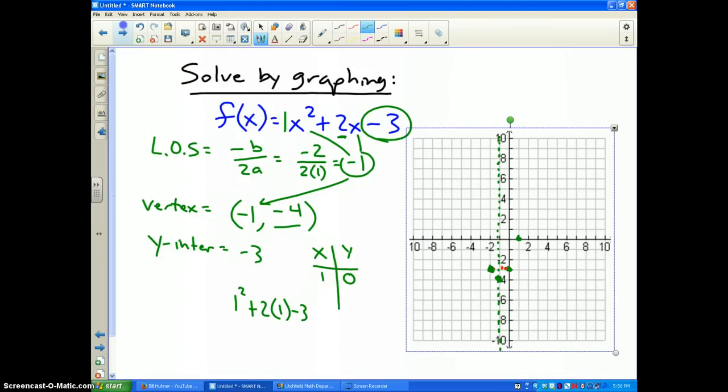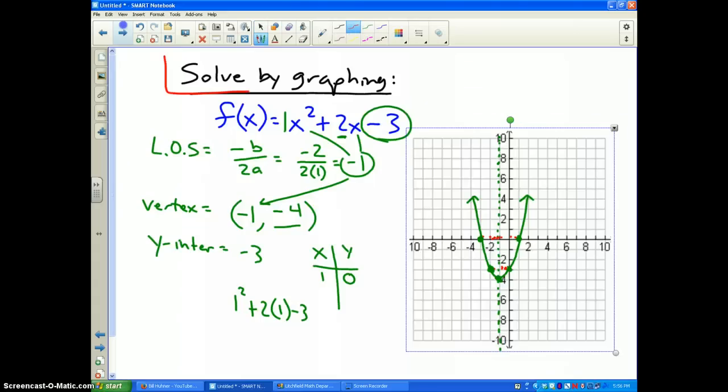So therefore, the point 1, 0 is on my parabola. And if I use my line of symmetry, that's 2 off the line. So I'm going to go 2 off the line over here, and I'm going to find out that my other point is negative 3, 0. And again, I apologize for my smart board. Hopefully that looks pretty accurate. And there's my graph of my parabola.